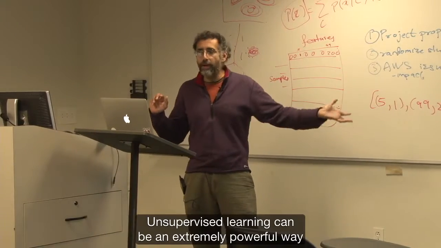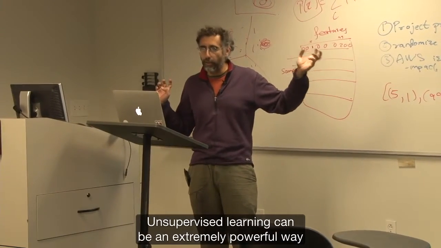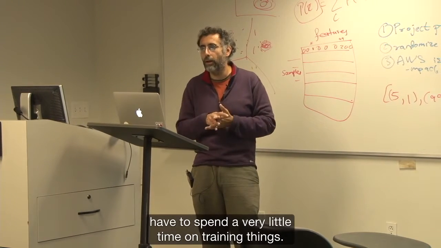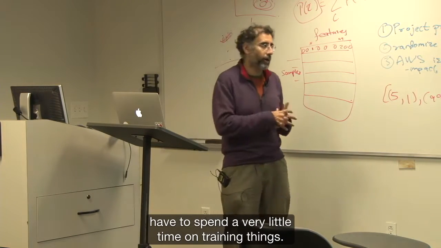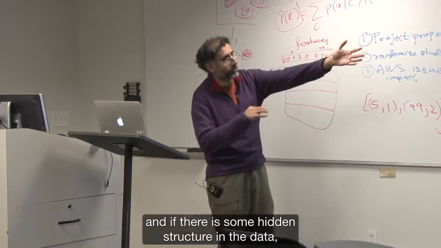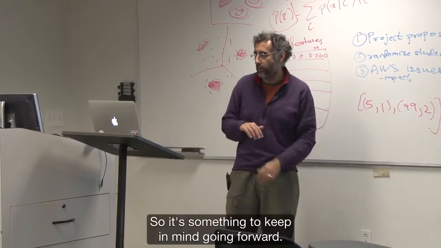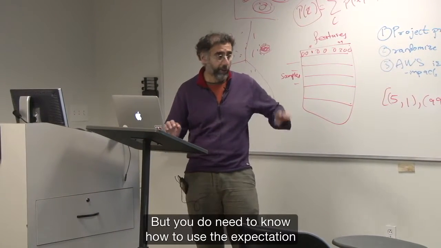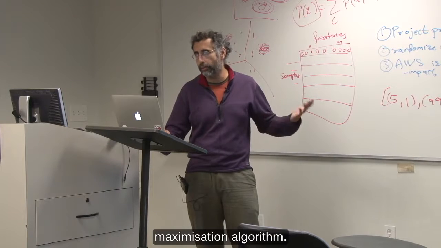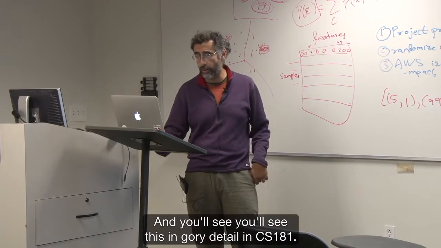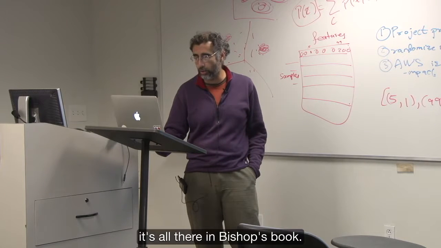It can be an extremely powerful way to do things because you have to spend very little time on training. You just get your friends to label a little bit, and if there is some hidden structure in the data, it will find it. So it's something to keep in mind going forward. But you do need to know how to use the expectation maximization algorithm, and you'll see this in gory detail in CS181, and if you want to read it up, it's all there in Bishop's book.